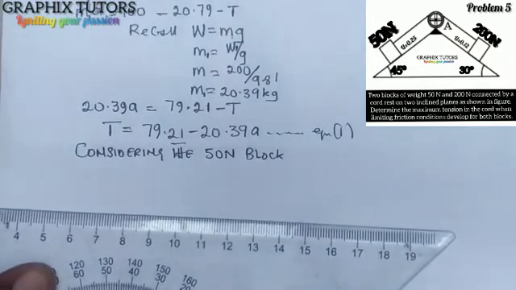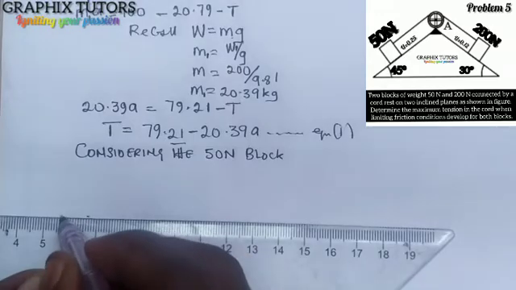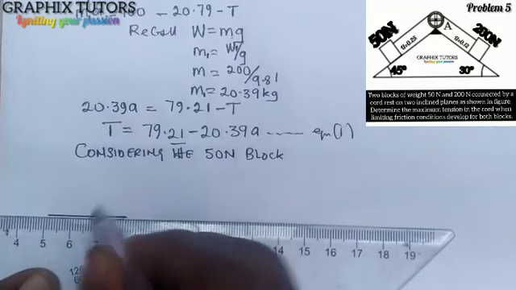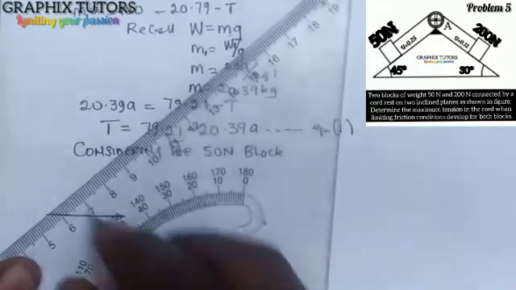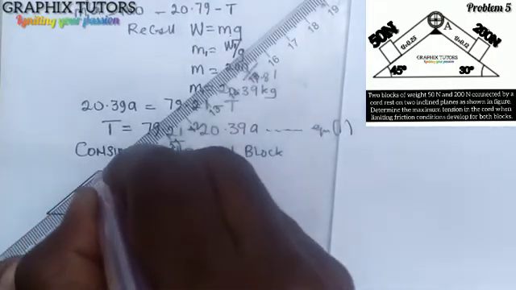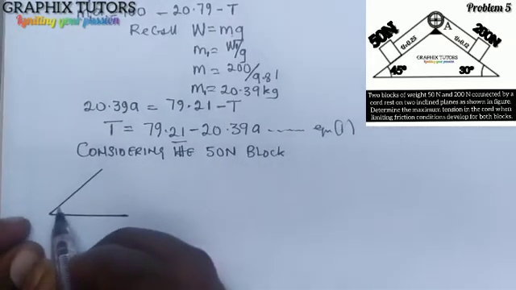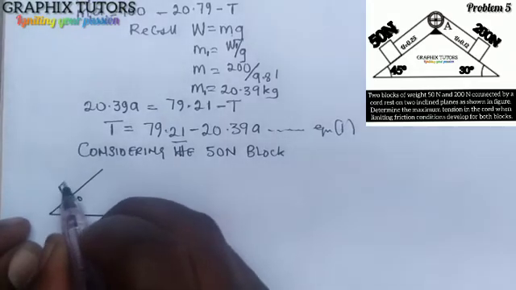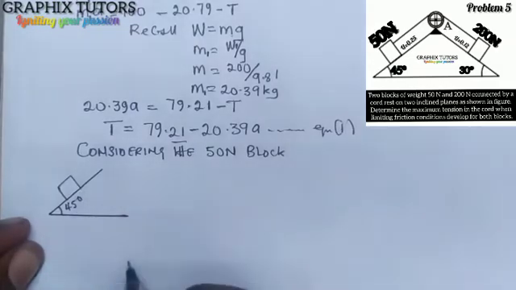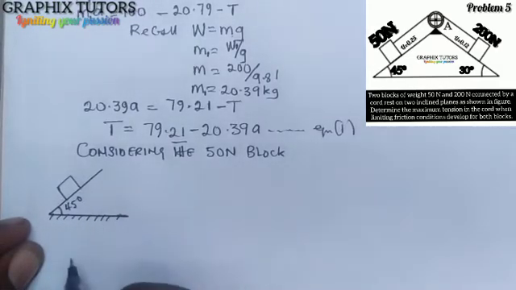So I'll have my horizontal ground this way, and this particular guy going up this way, right? Then the angle in between here is giving us 45 degrees, and the block is standing here, right? Then this is my horizontal ground here, right?